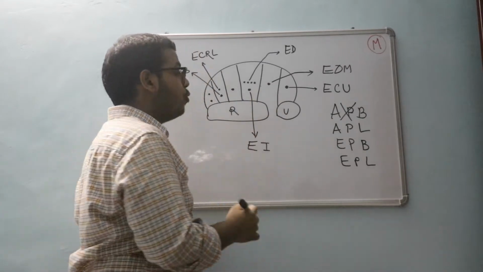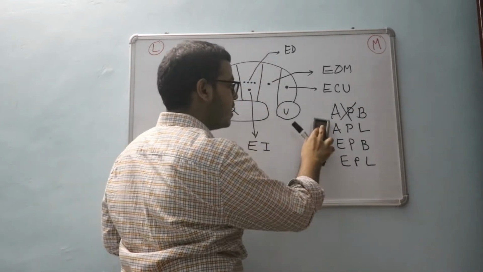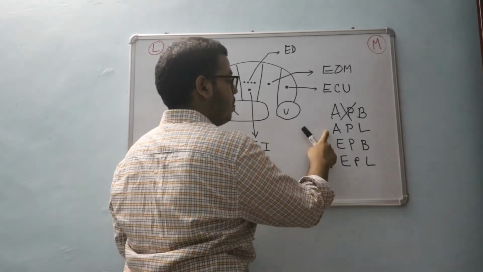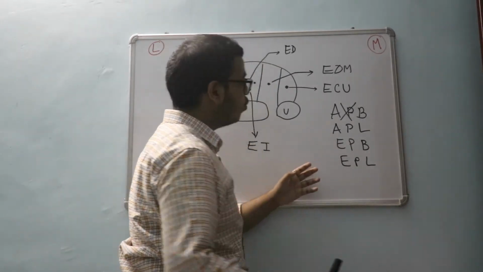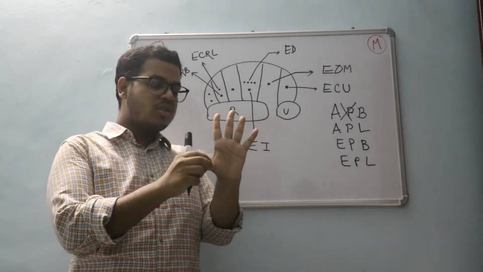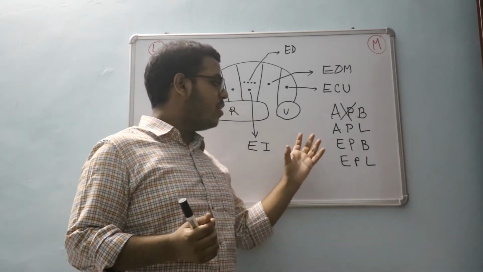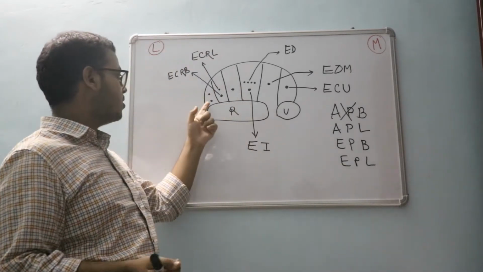So this abductor muscle also wants an extensor muscle along with it, because it is almost the same position. So one abductor and one extensor will be together in this compartment.